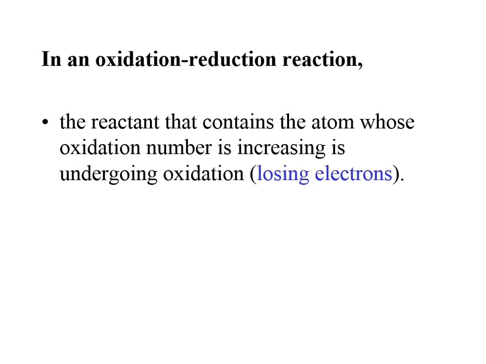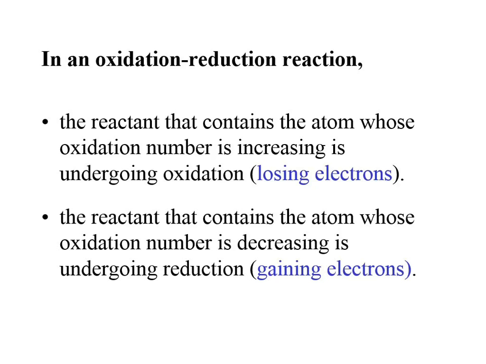If an oxidation number for a particular element is increasing, whatever thing that element is in is called the reactant that's undergoing oxidation. Now, is the whole thing undergoing oxidation? Not necessarily, just that element, just that atom of that element. Okay, but we say the whole reactant is undergoing oxidation.